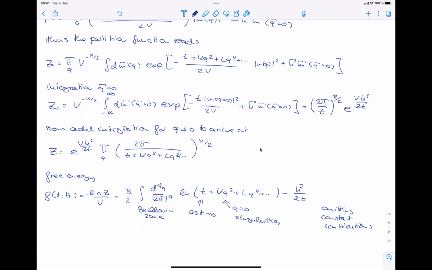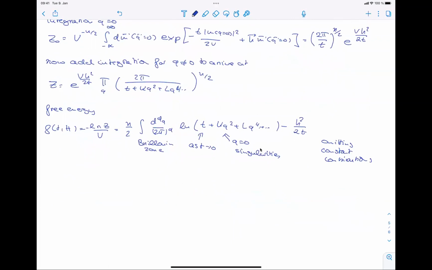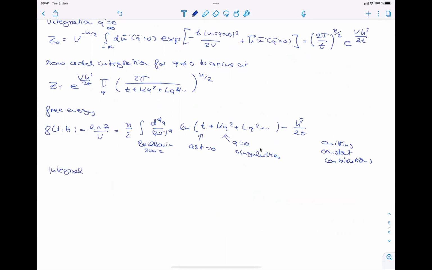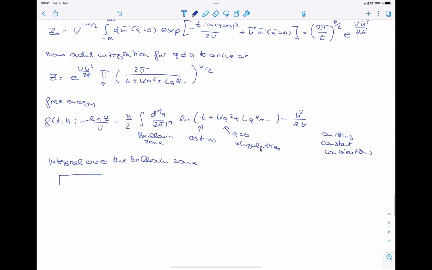And so having that in mind, we can simplify now the integration over the Brillouin zone, which in principle, like in 2D, we would be going from minus pi over a to pi over a, and in d dimensions, think about this as the d-dimensional cube.